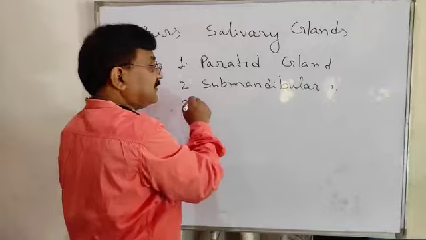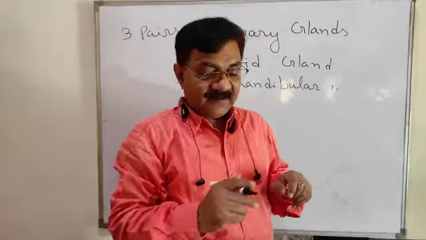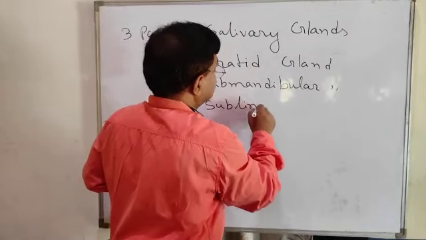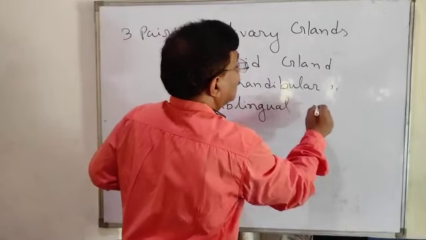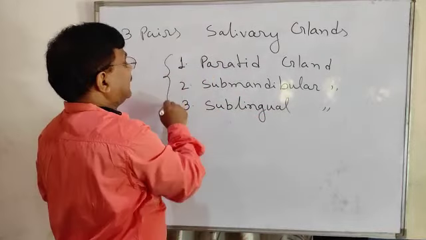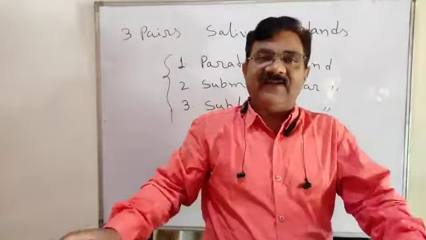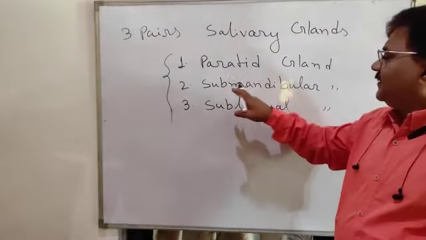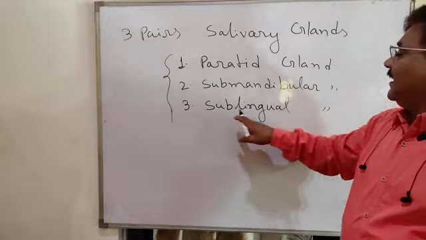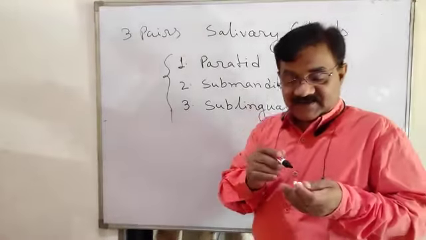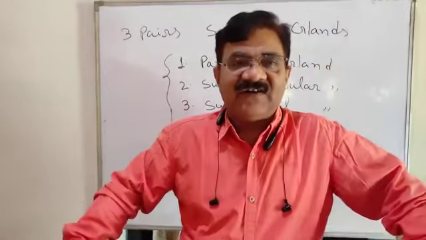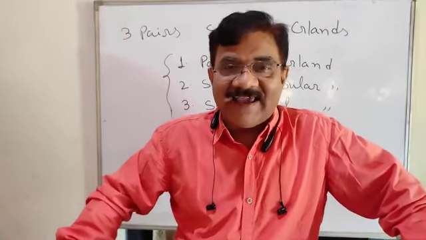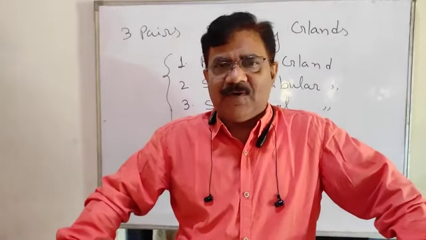And third is the sublingual gland. So 3 pairs of salivary glands are there in our mouth: parotid gland, submandibular gland and sublingual gland. And dear children, if you are studying biology, the location of the organs is very important.